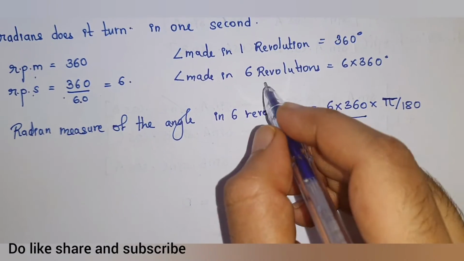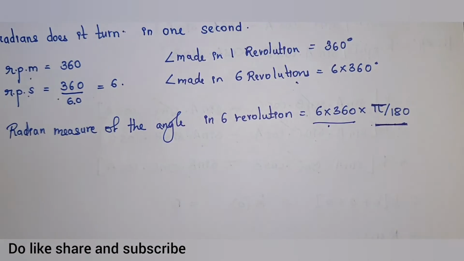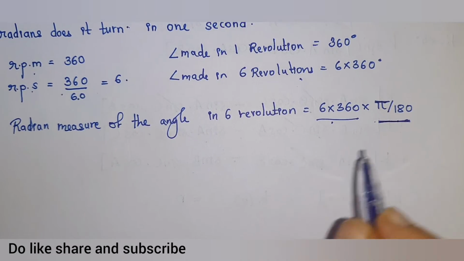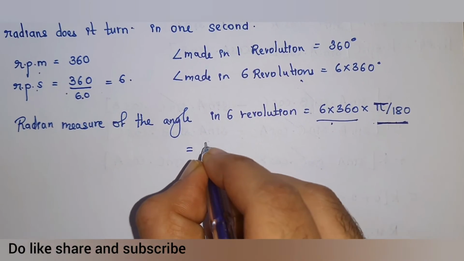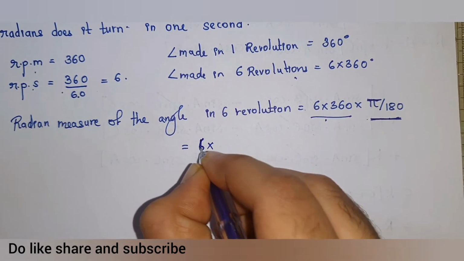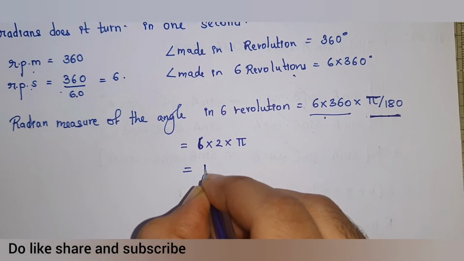This is for 6 revolutions, the angle made by 6 revolutions, and this pi by 180 converts degrees to radians. Now we'll be getting the answer equal to 6 into 2 into pi, that is equal to 12 pi.